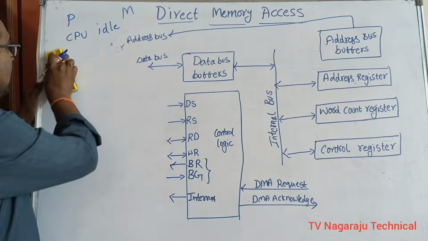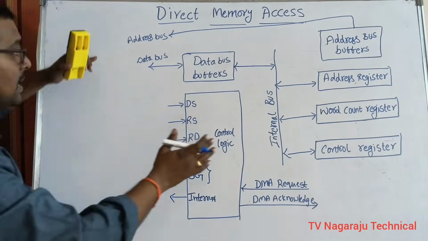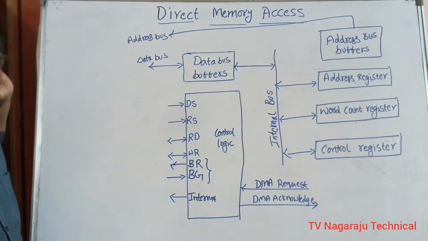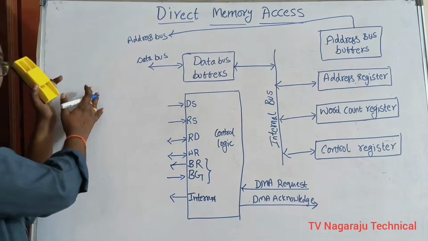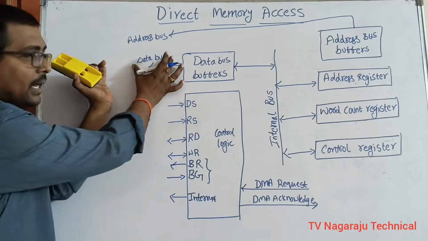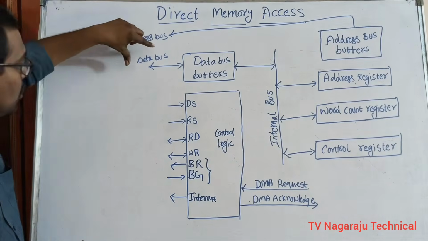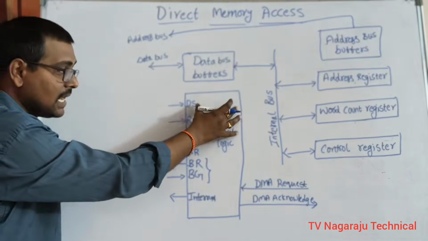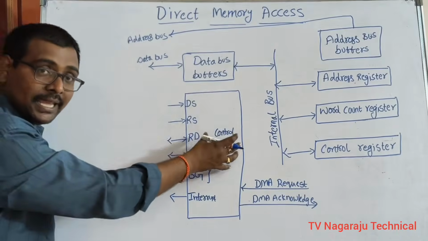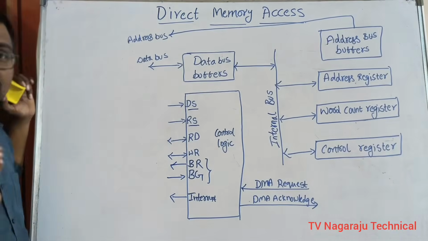Now, how is the DMA controller involved and how does it perform data transfer? This is the block diagram of the DMA controller. This unit communicates with the CPU through the data bus and the control lines. The CPU selects the registers in the DMA by enabling the DS and RS inputs.